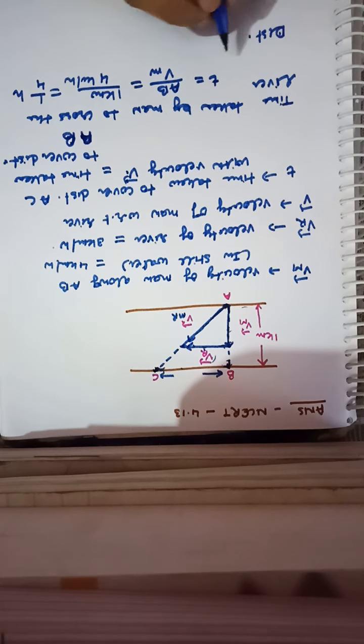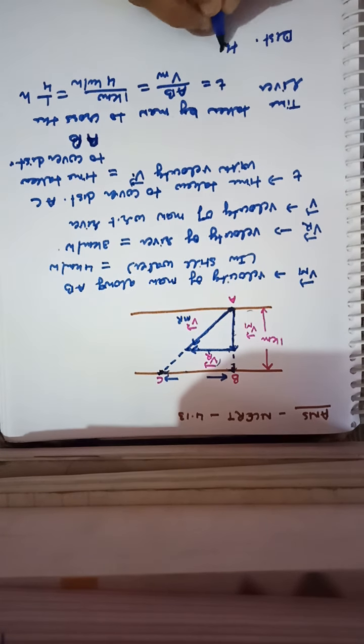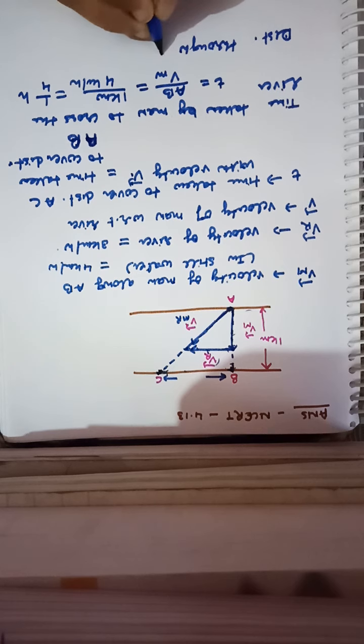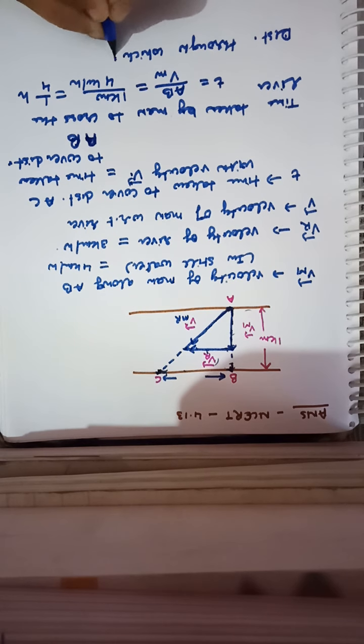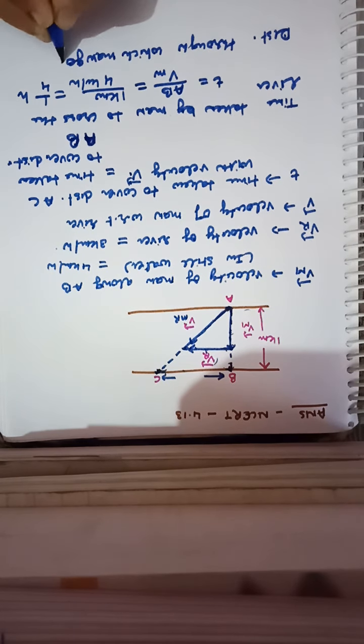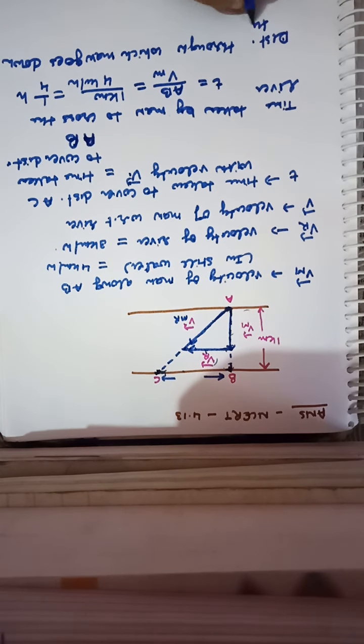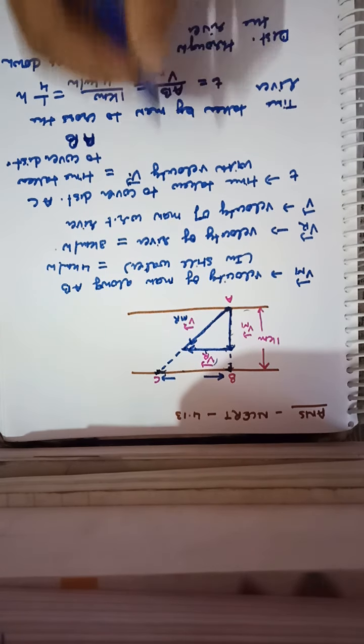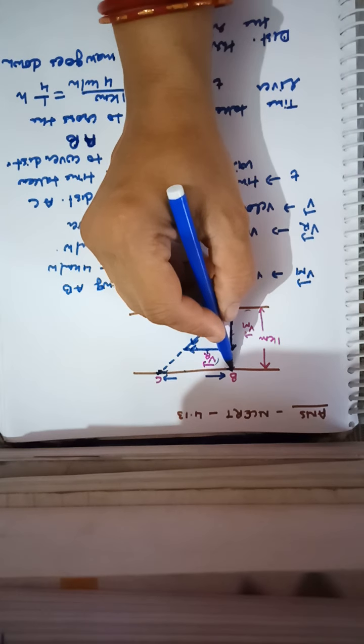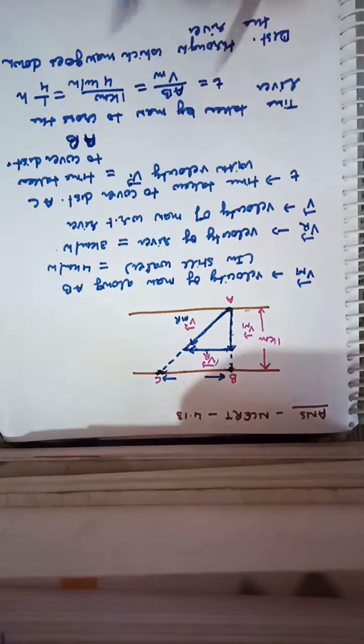Distance through which the man goes down the river. Down the river means what? यहाँ पहुँचना था लेकिन वो नीचे चला गया, यहाँ C पॉइंट पर.